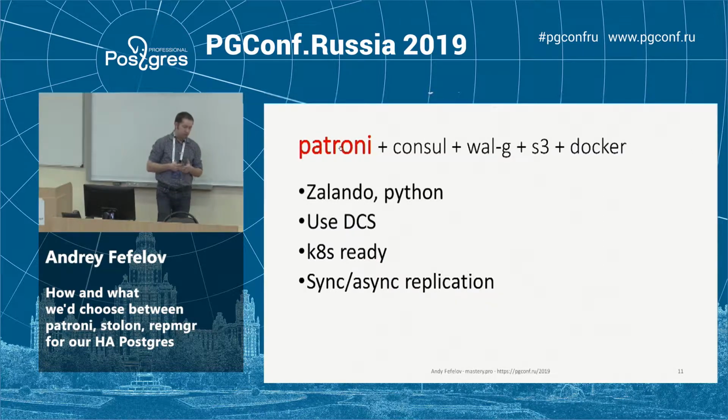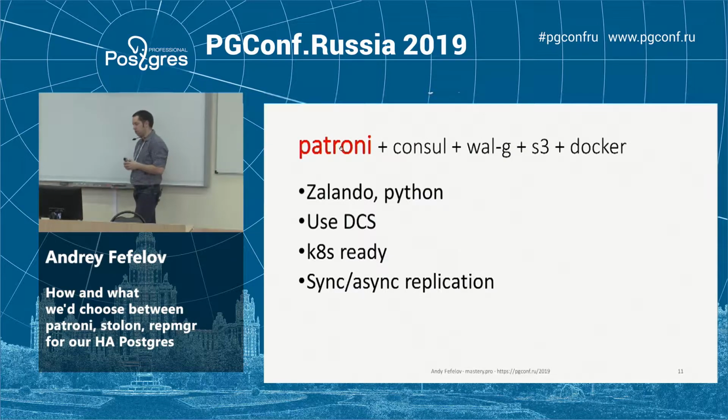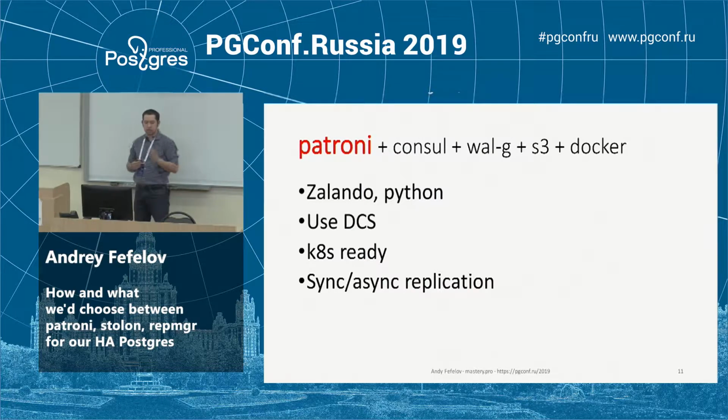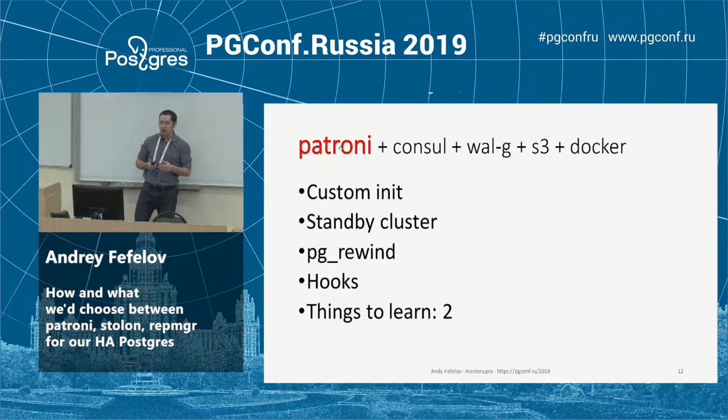Patroni is a product, a framework in my opinion, to build fail-tolerant systems. It's been used in some of the conferences. It also uses external distributed storage and uses async and sync replication.